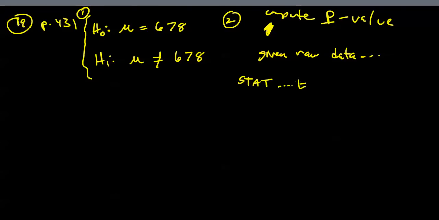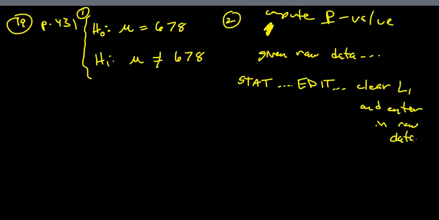You hit Stat and then Edit, and essentially we will clear L1 and enter in the raw data that you're given in problem 19. So that may take a minute to do, so go ahead and do that. I've already done it, so I'll go on. Once that new data is entered into list L1, I'm now ready to test.